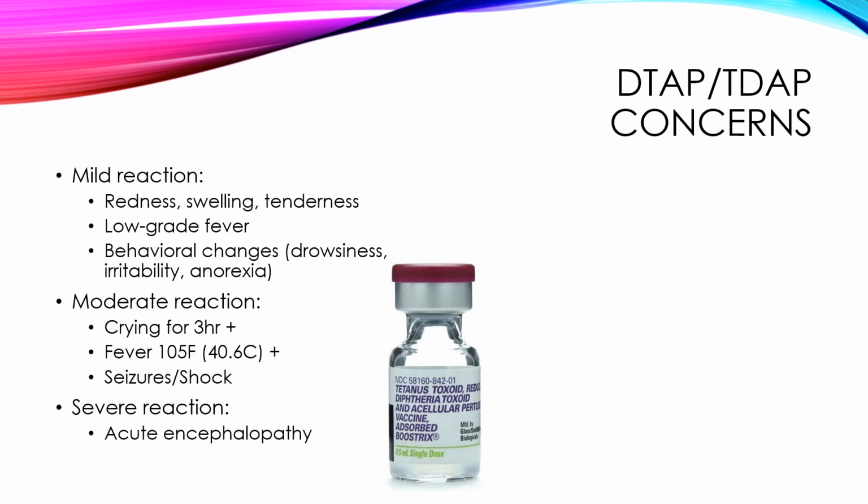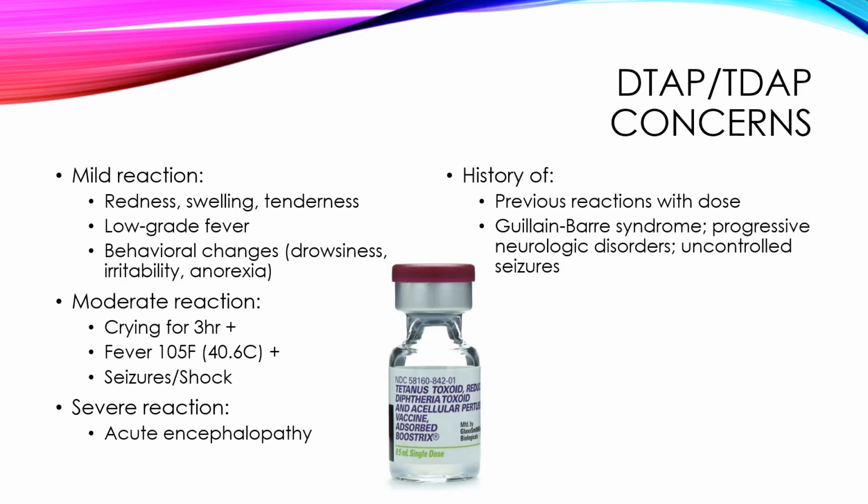A severe reaction is going to be acute encephalopathy. So this is affecting the brain function and can disrupt brain function for the future as well. So this can be quite damaging to the brain. If the client has a history of previous reactions with dosages, then maybe they shouldn't get another one.